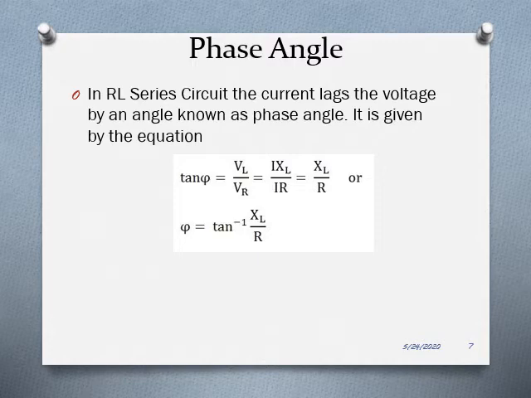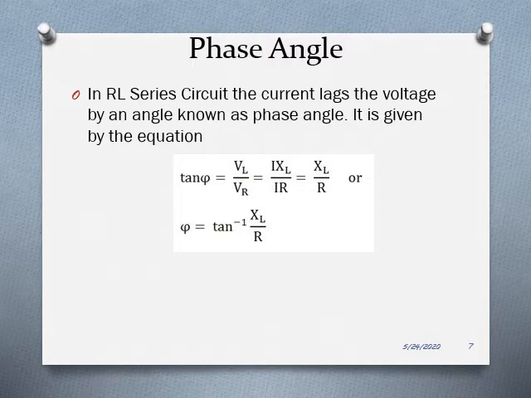Either you can take cos phi or you may take tan phi, whichever. Tan phi is nothing but opposite side divided by adjacent side, that is VL divided by VR, or it is I XL divided by IR, or simply XL by R. So you will get phi as tan inverse of XL by R.